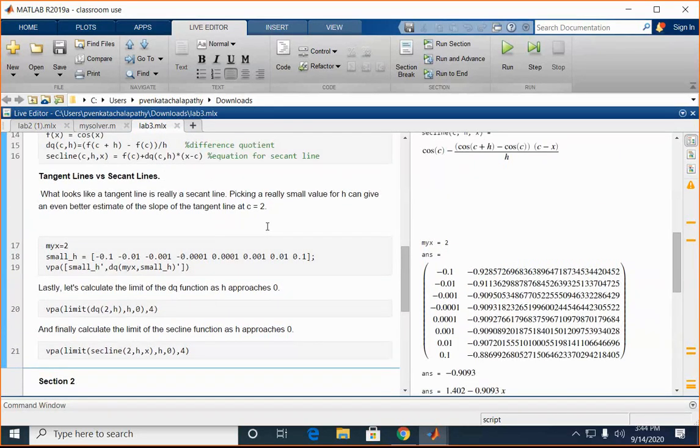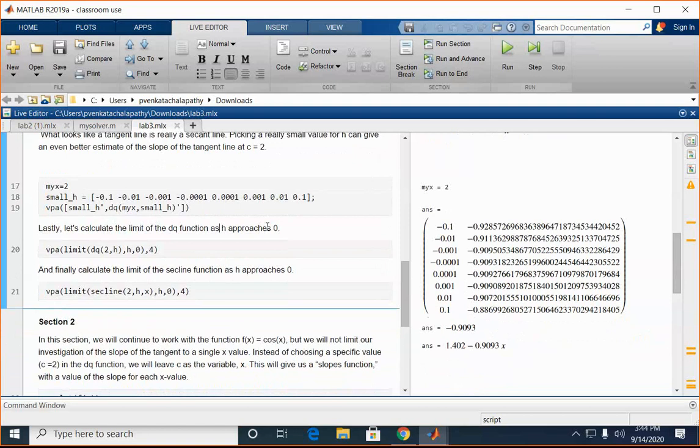The actual relation between the secant and tangent line is that when the values x2 and x1 in the secant line go to 0, that is nothing but your tangent line. So you actually want your secant line to approach 0, then you will get your tangent line.